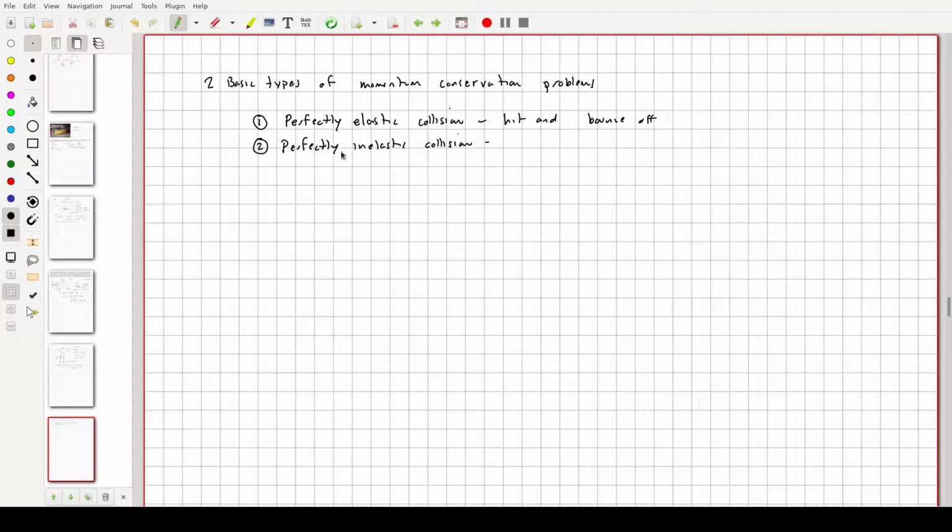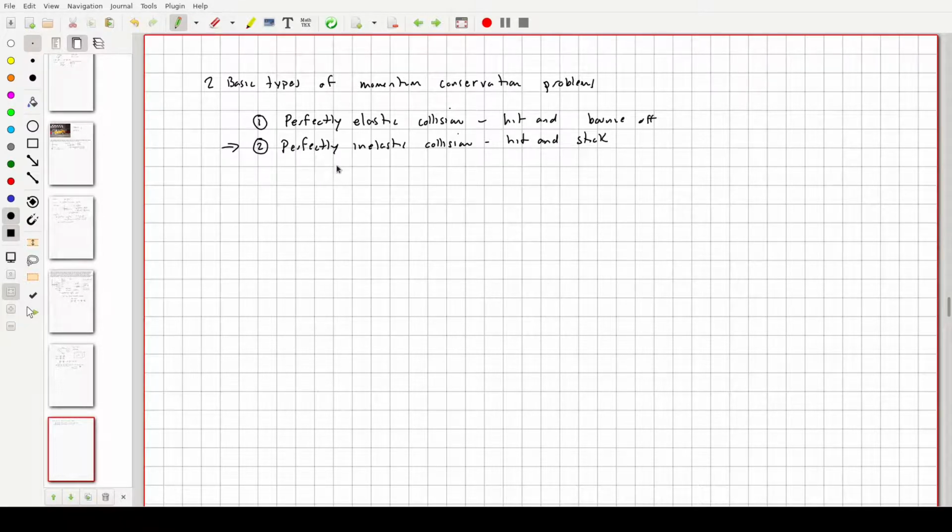Now, a perfectly inelastic collision is one where they hit and stick. You take a handful of mud and you throw it against a wall and it hits and splats. That's a perfectly inelastic collision. Now, when it comes to doing problems, these are the easiest to do, and this is actually what I'd like to talk about a little bit today.